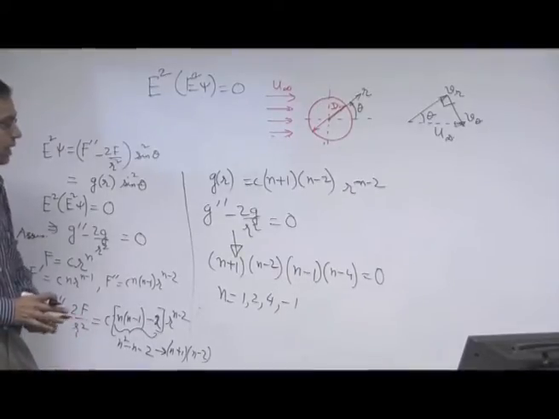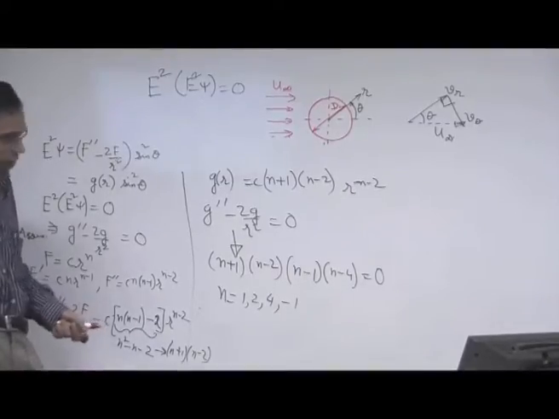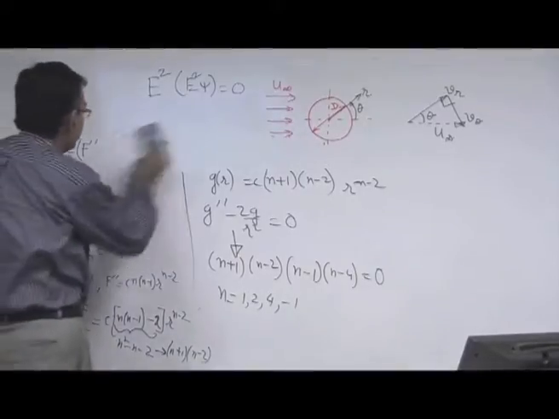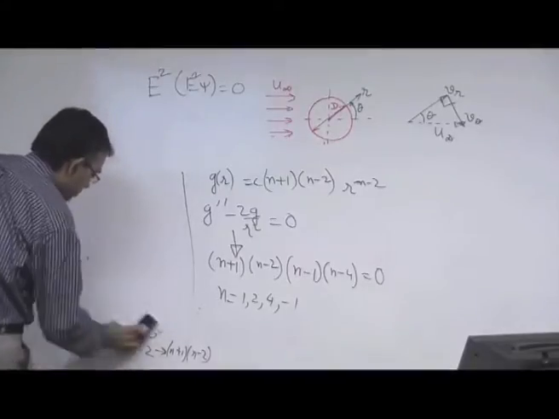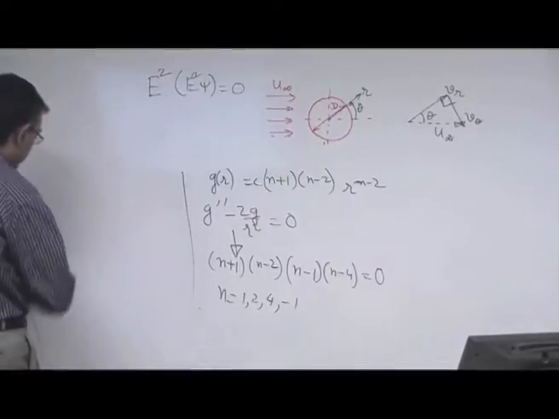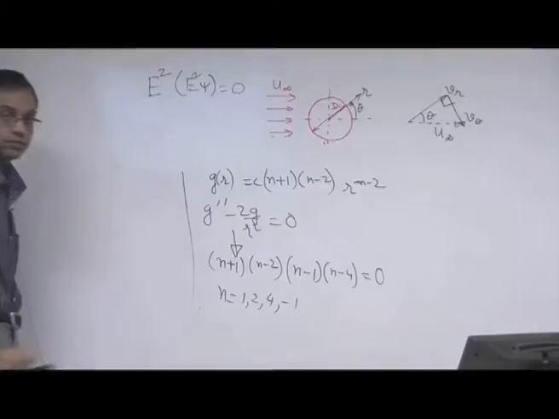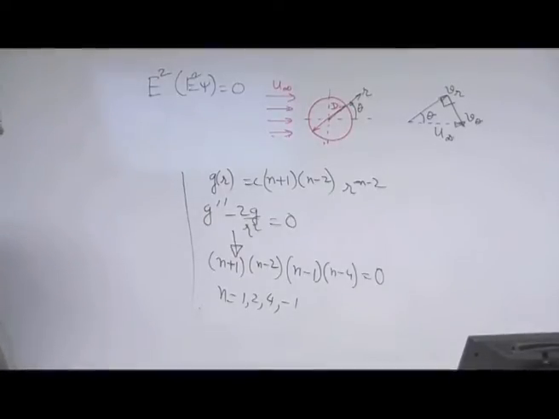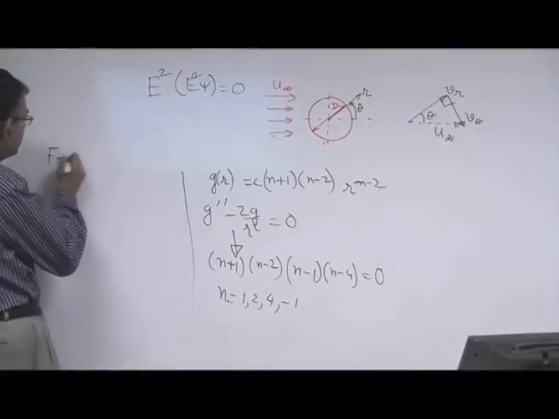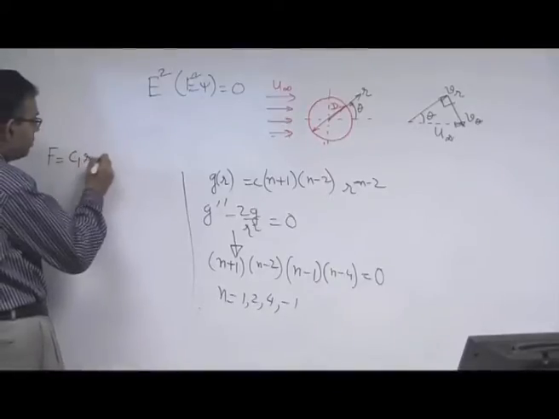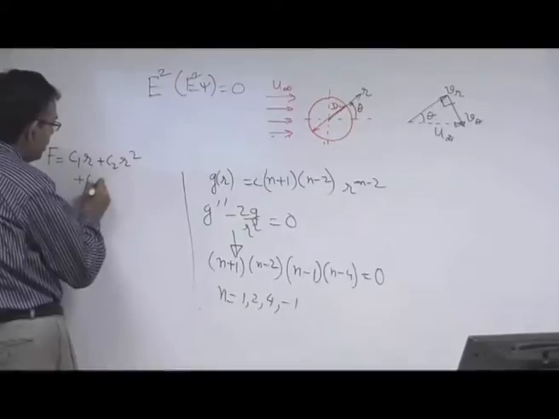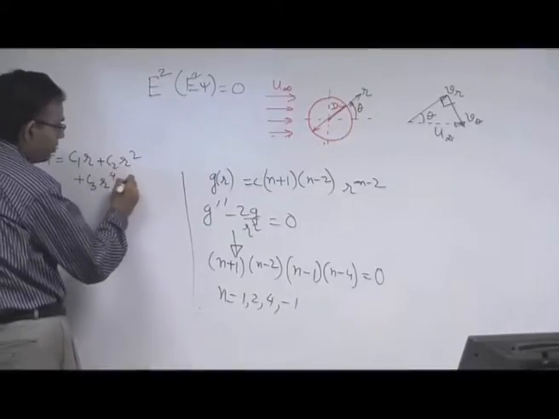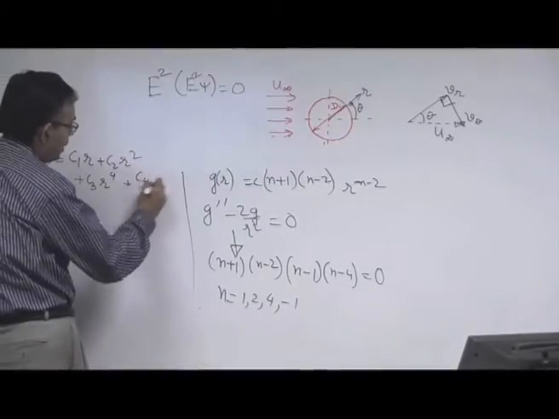So, if that be the case, then what is your solution? Let us write the solution here. So, f is equal to C1 r plus C2 r square plus C3 r to the power 4 plus C4 by r.